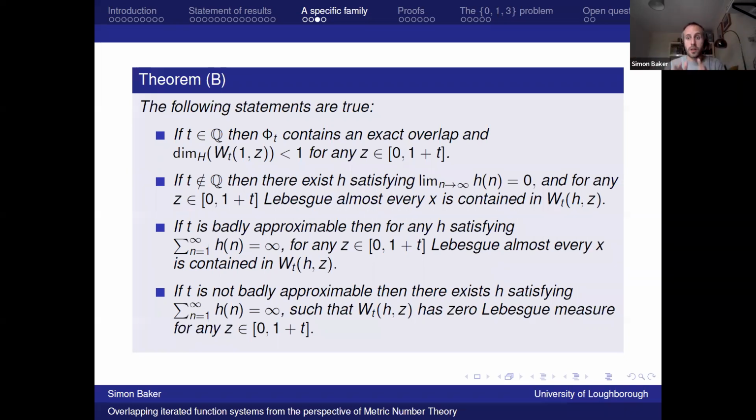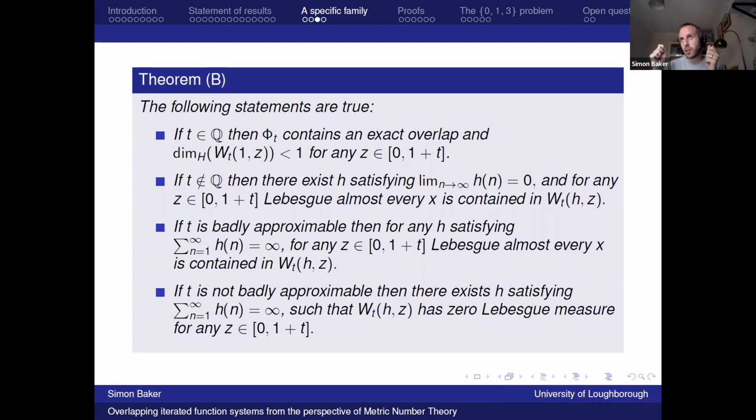Somehow you could ask yourself, what is the correct rate for a Dirichlet statement? Is it going to be the one coming from the contraction ratio, or the one coming from the cardinality of the words of length n? In fact, it's both of them and everything in between.